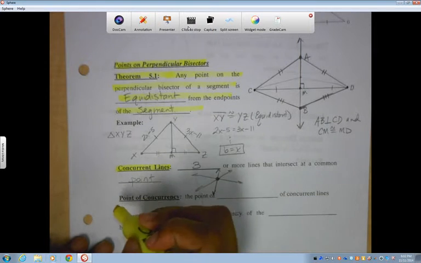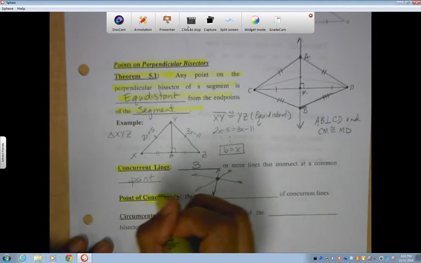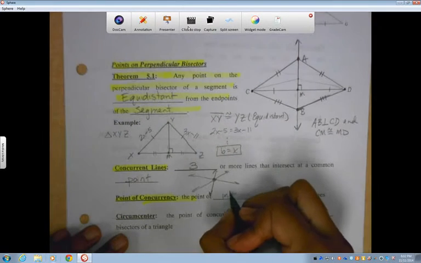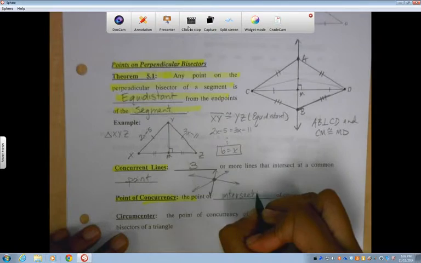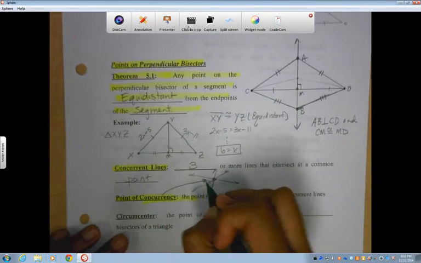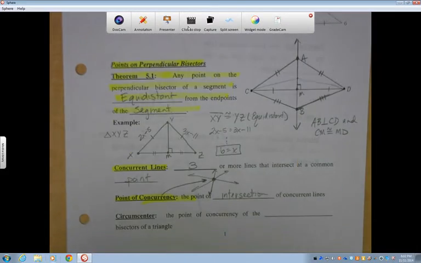And your point of concurrency is the point of intersection of the concurrent lines. So basically, that little point that I drew on here would be your point of concurrency.